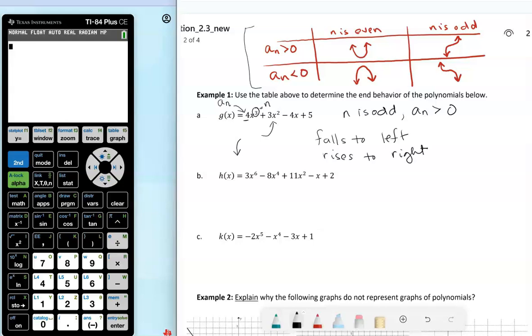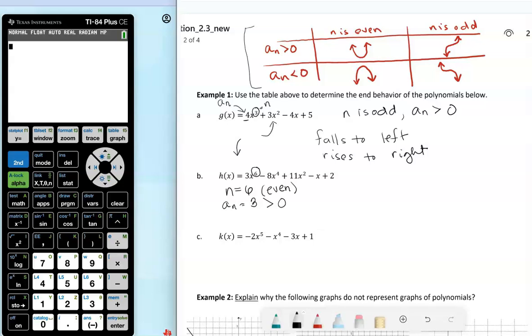Then if we take a look at part B, looking at the powers, make sure it's in descending order. Our degree is 6, so it's even. And our leading coefficient, which is in front of our highest degree variable, is going to be 3, so it is positive.